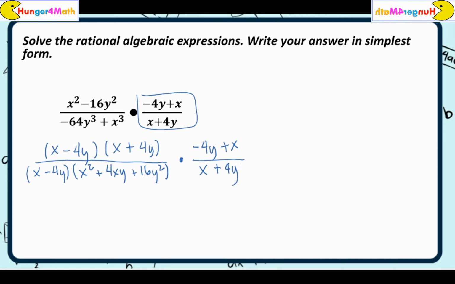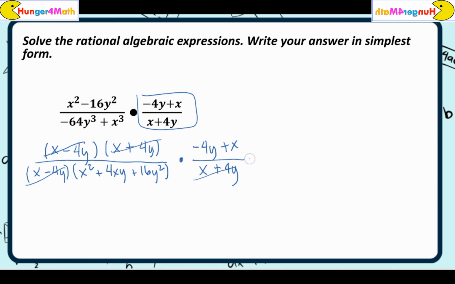Now, we are going to cancel the same expression from numerator to denominator or denominator to numerator. So here we have x minus 4y and x minus 4y for both numerator and denominator. And x plus 4y and another x plus 4y here in your denominator.